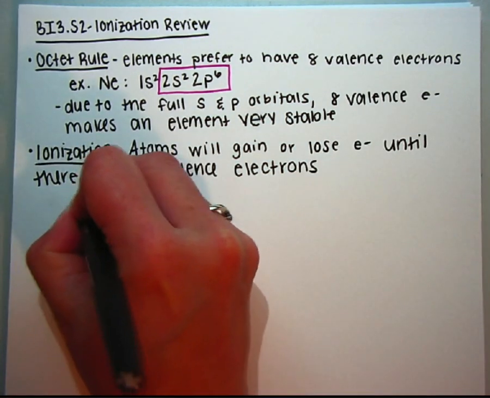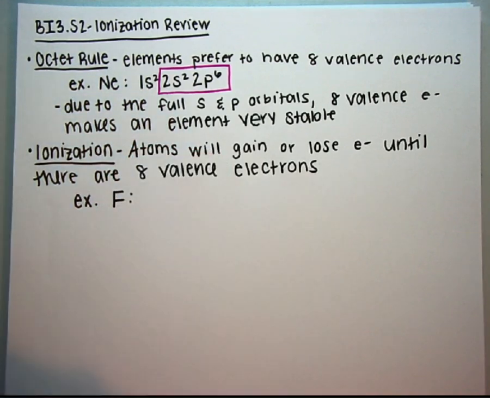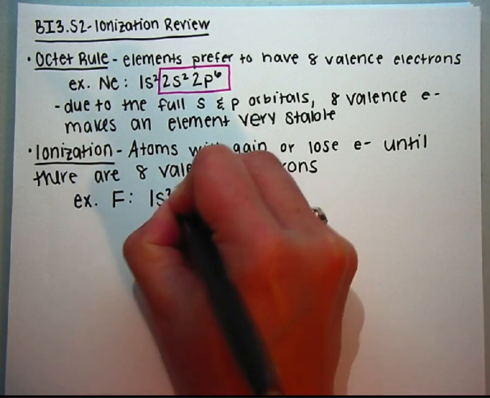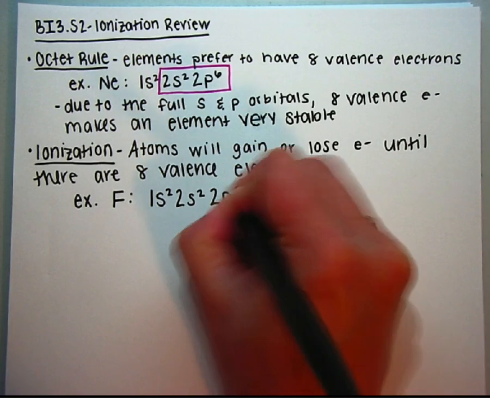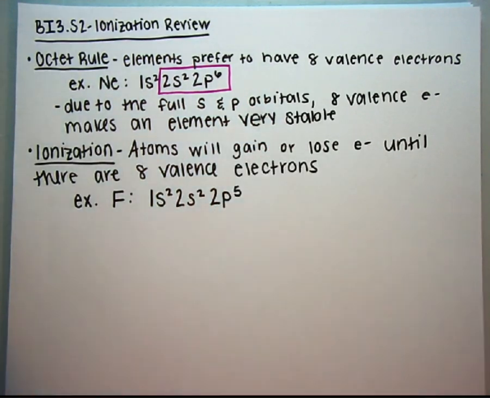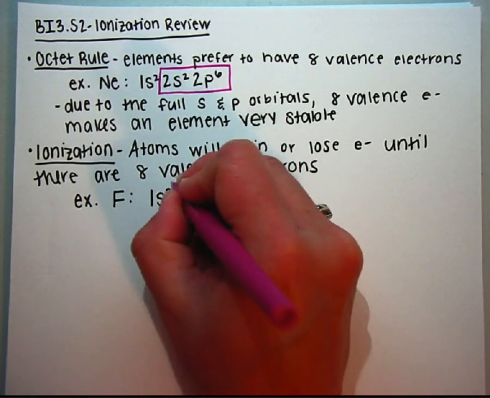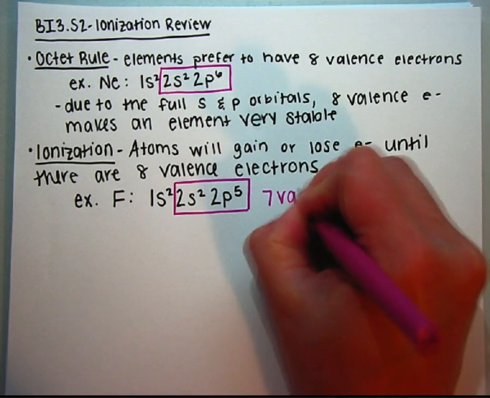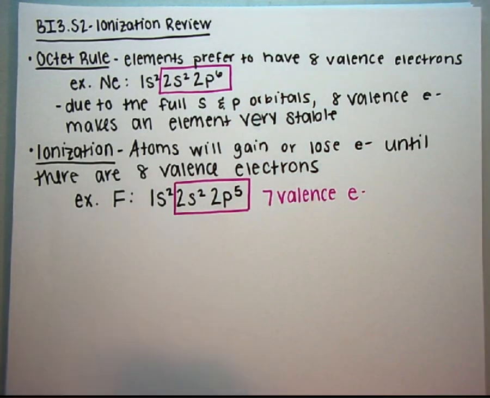So let's say I had fluorine. And as an atom, its electron configuration is 1s2, 2s2, 2p5. Fluorine has 7 valence electrons.